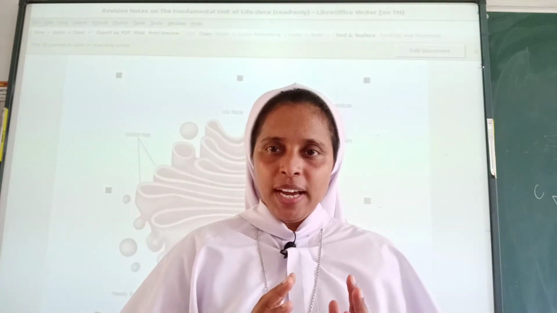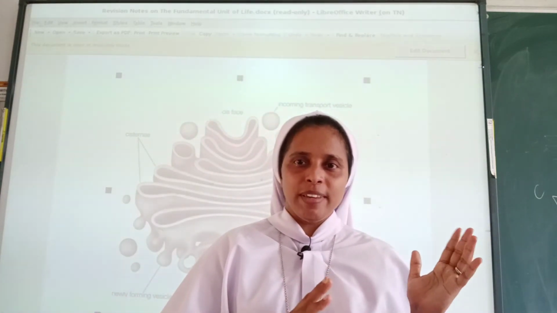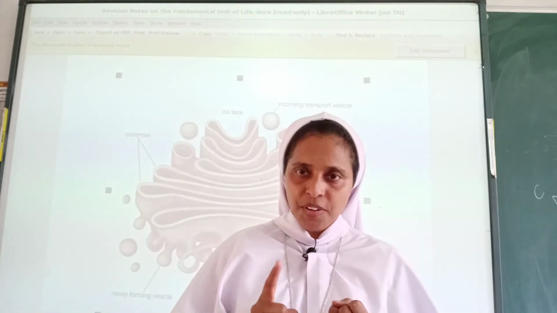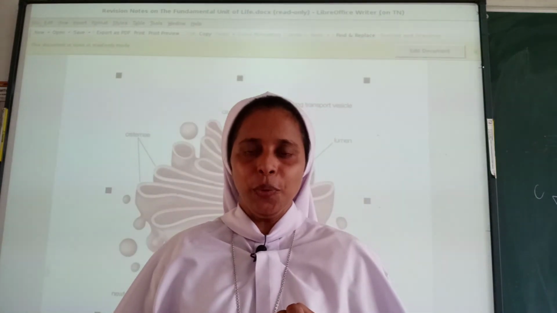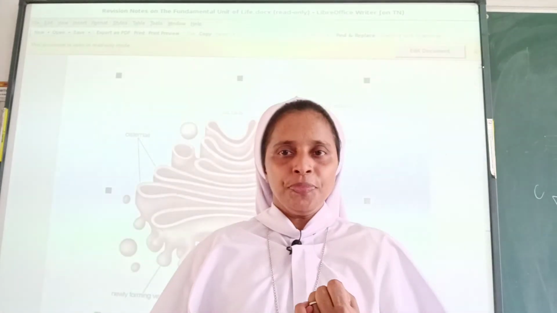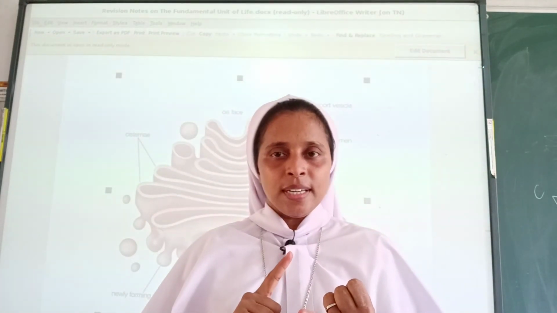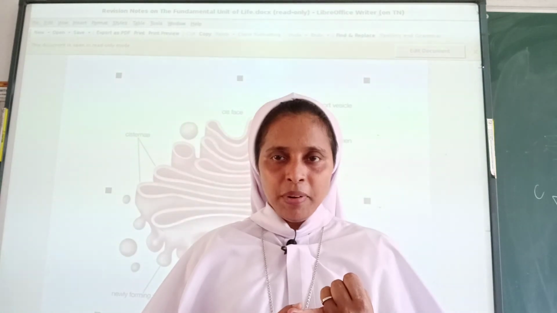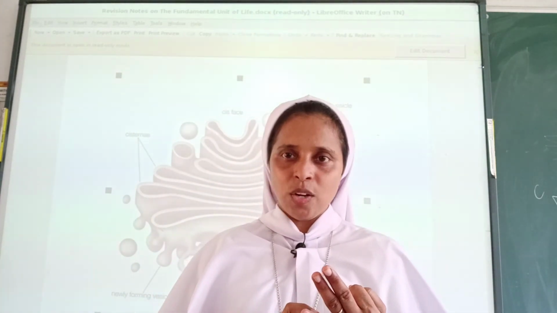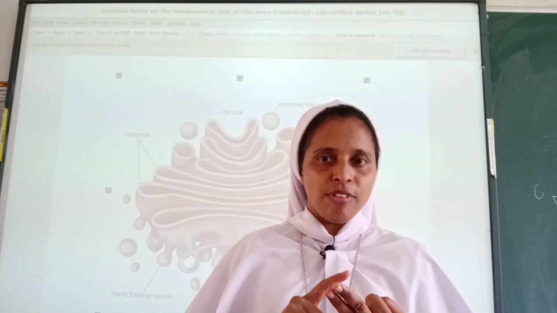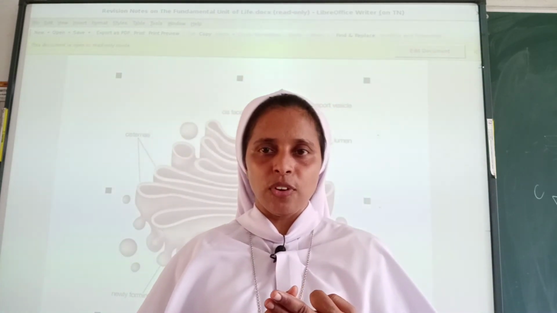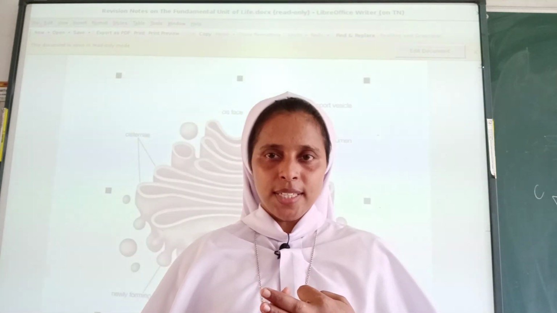So far I hope it is very clear to you how to draw it. It is very easy. So far what we have learned was the differences between the prokaryotes and the eukaryotes, and the three prominent features of the cell: the plasma membrane, nucleus and cytoplasm. We have learned the main function of each of them in detail.